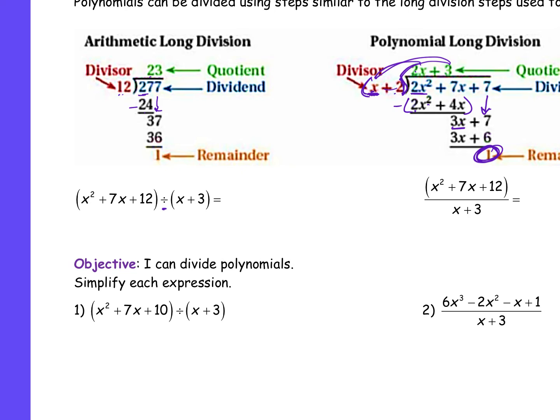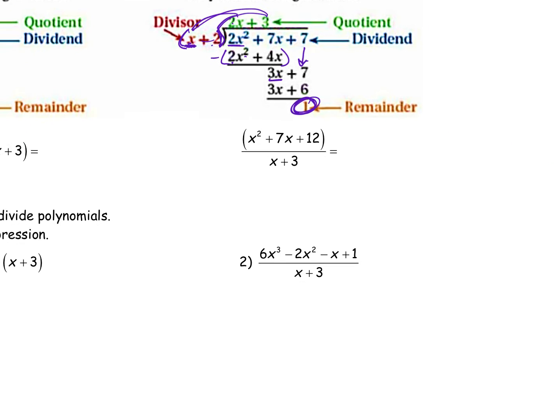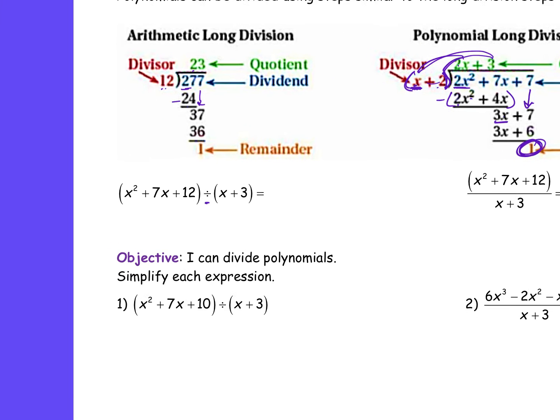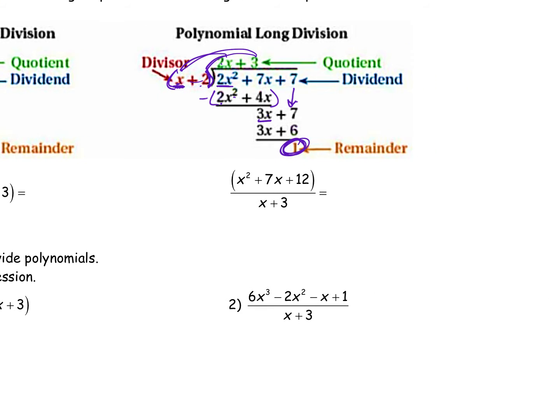So if we're looking at this problem that says x squared plus 7x plus 12, can I factor that? Yeah, I can factor it. What does it factor to? I'm going to do this one over here, because they're the same problem, this one and this one. What does x squared plus 7x plus 12 factor to? 4 and 3.